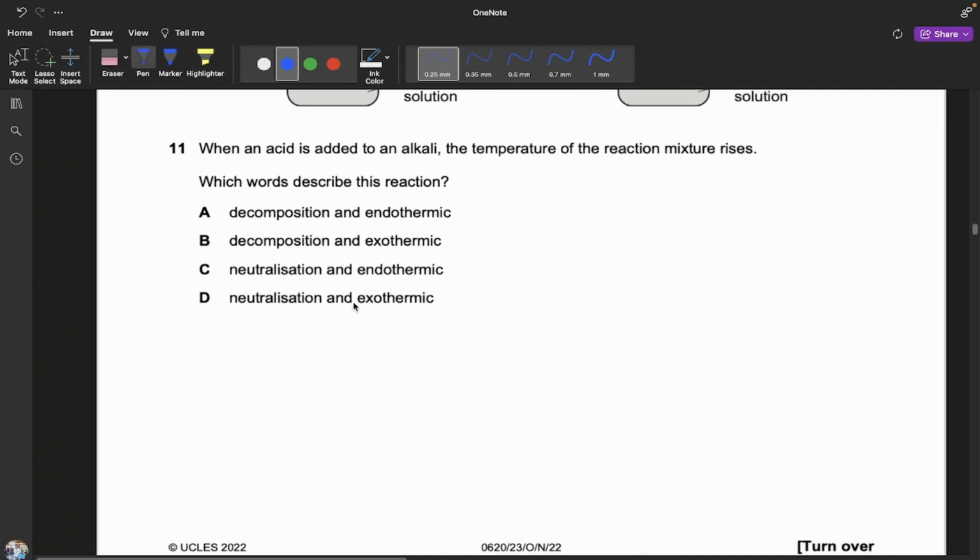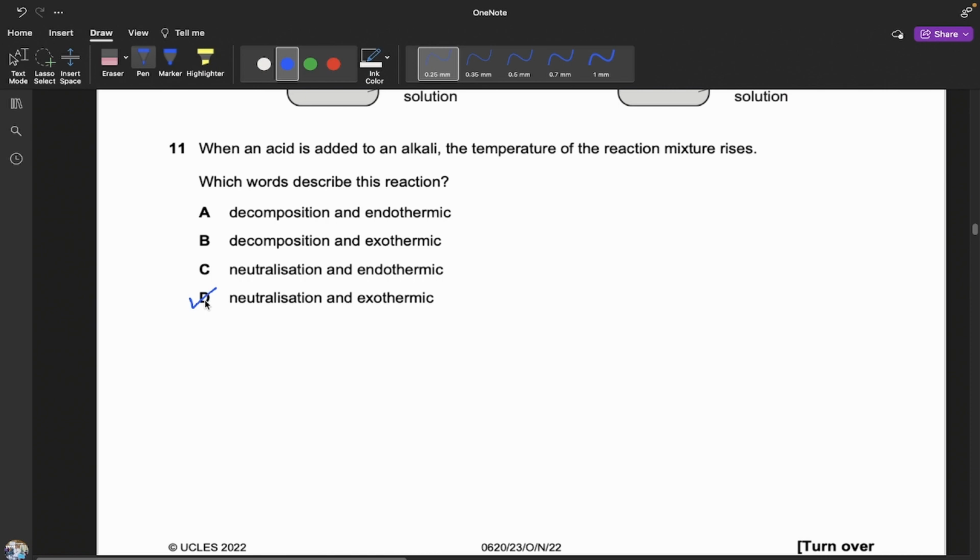Next one. When an acid is added to an alkali, the temperature of the reaction rises. Which words describe this reaction? The temperature rises. Temperature rises means obviously an exothermic reaction. And an acid added to an alkali is a neutralization.